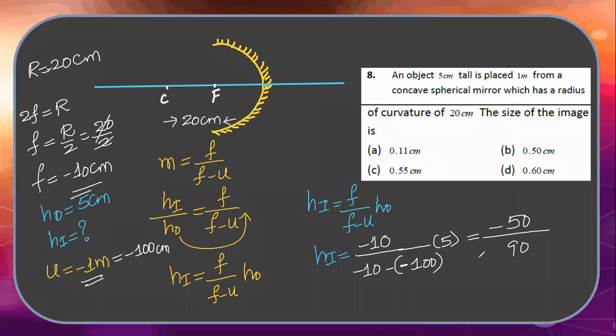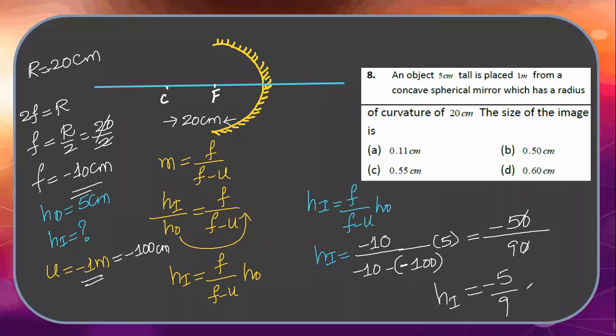Minus or plus 90? Minus only will come. Zero gets cancelled. Height of the image will be equal to -5 divided by 9. Minus shows that it is an inverted image.